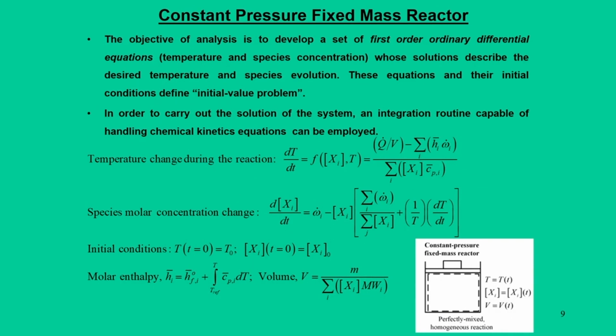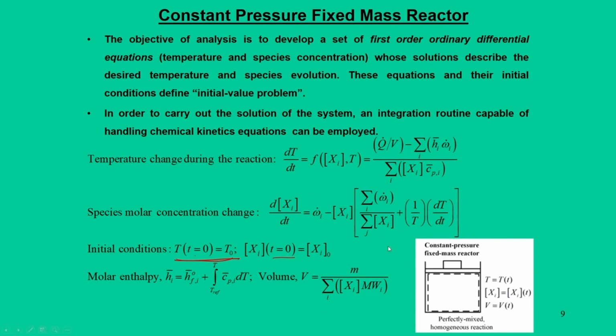Now, to solve these equations, we require some initial conditions, and you can assume some initial temperature T0 at time equal to 0. What is this initial value? Concentration at time equal to 0, what is its initial value? Okay. Now, the solution for this problem requires these new equations to be solved along with the reaction kinetics.